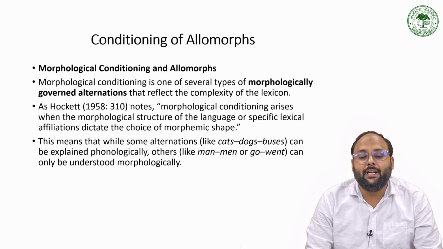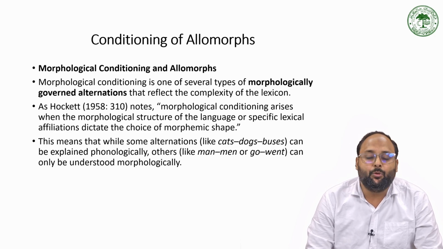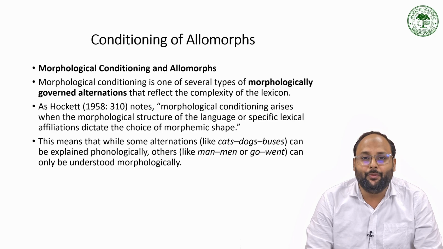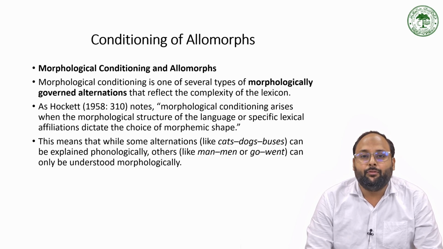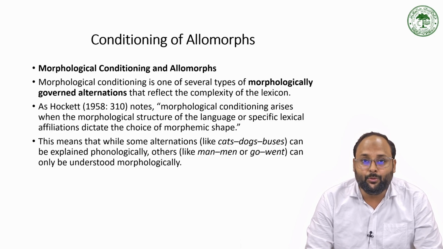But in morphological conditioning, like we change man into men to make it plural, or we change go into went to make it past. So this alternation or this variation does not occur due to the phonology or the adjacent phoneme, but it occurs due to the morphological alternation.